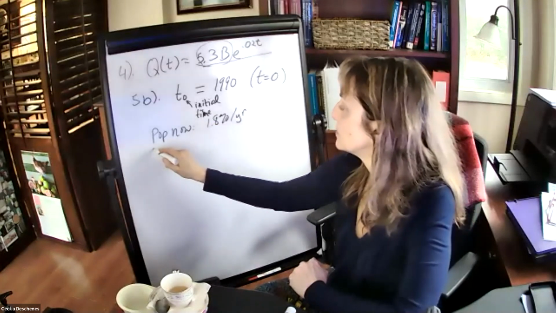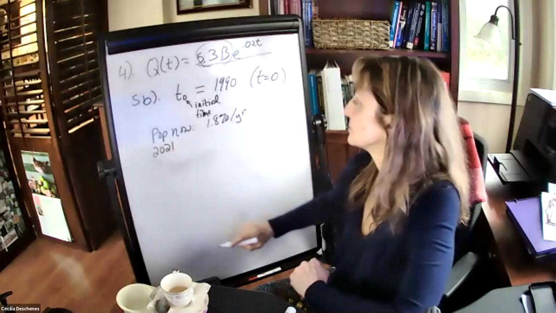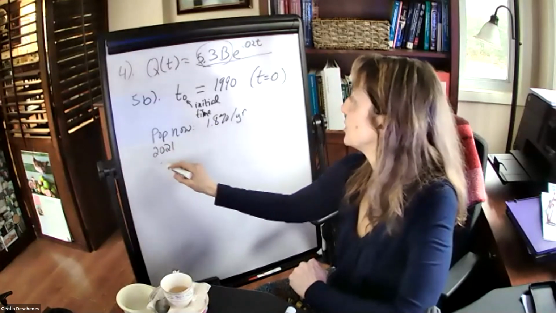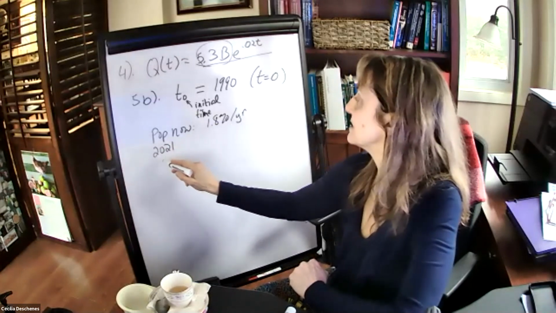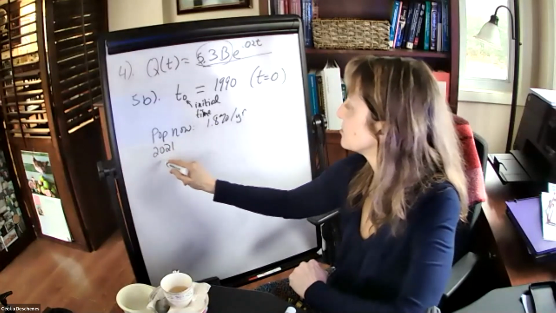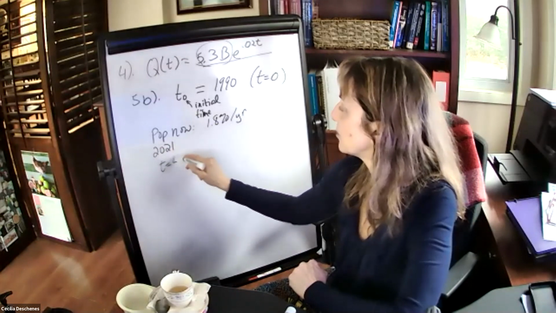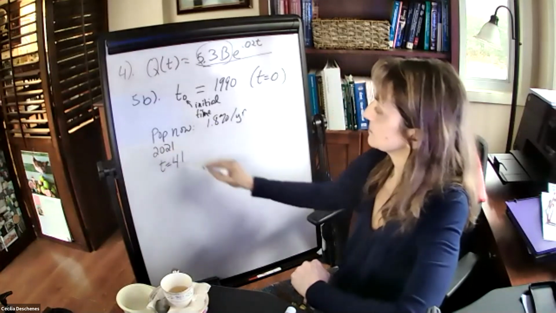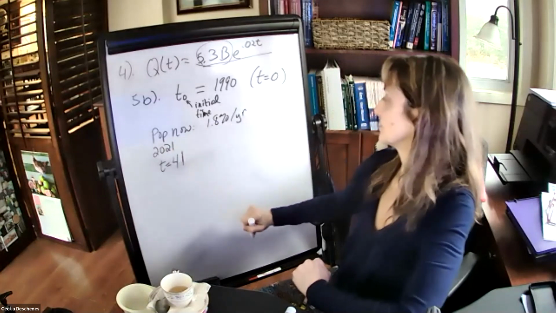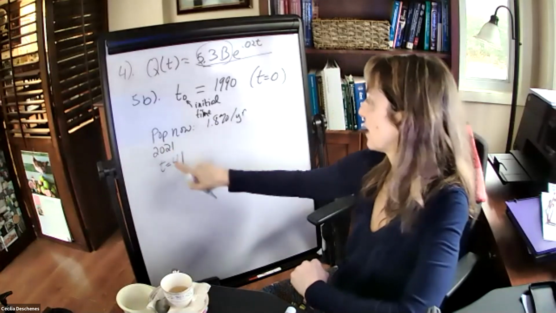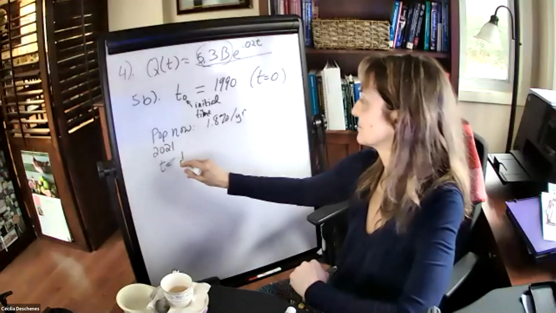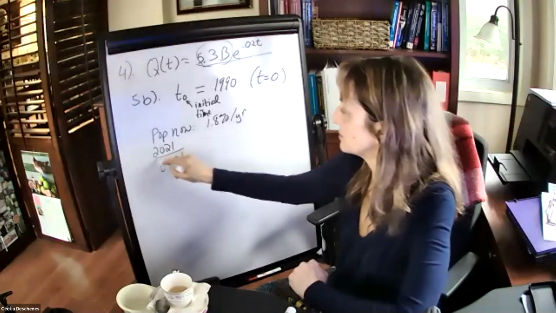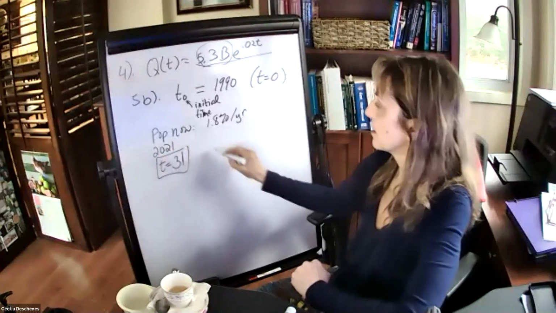So first of all, now is 2021. So 2021 from 1990 is going to be 41 years. So this is T equals 41. No, I can't do math. 31. 30. Okay, 31. So T equals 31.